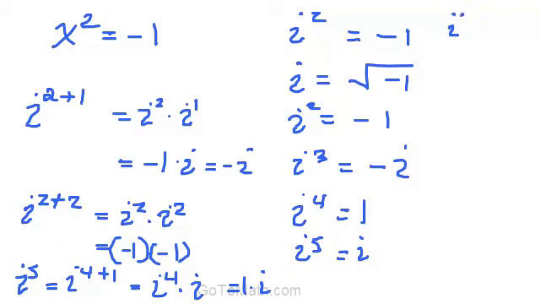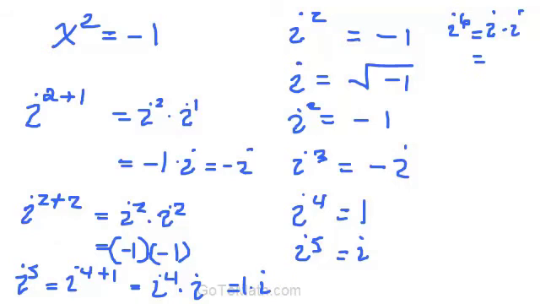What about i to the 6th? Well, we know what i to the 5th is. i to the 5th is i, times, and we can break this up as i to the 5th plus 1, and that would just be i.